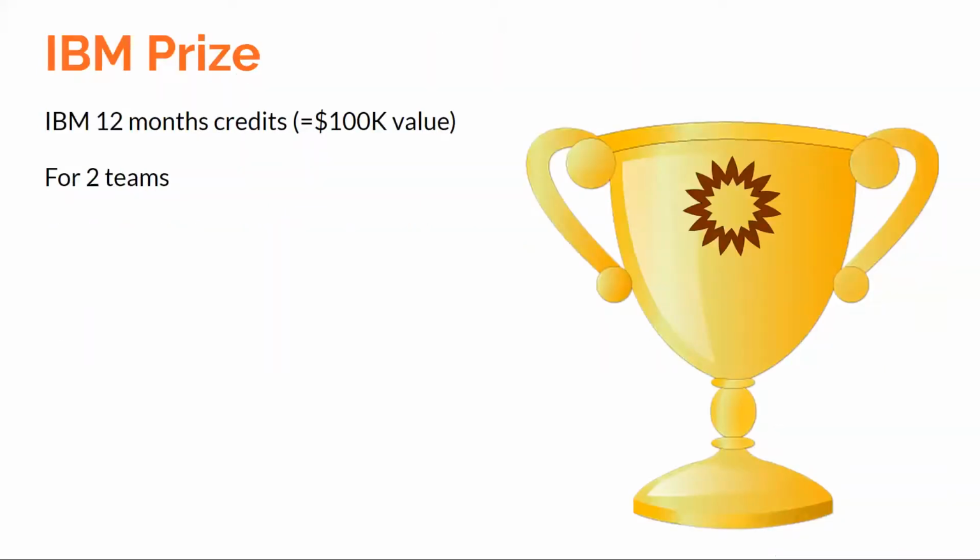Okay, I talked about prizes. If a team or teams come with using IBM Cloud for their application, to solve the problem that they found, 2 teams get 12 months of credit. That's 100K value of IBM credit, and you can use that for the next 12 months.